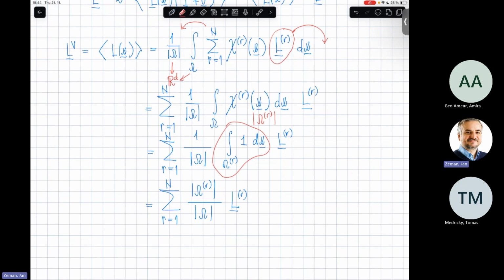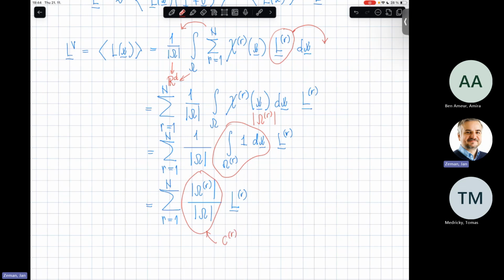But this is nothing else than the quantity we have seen in that motivational example. There I a bit inconsistently denoted it as phi, which was the volume fraction, but now I should really change that to be consistent in notation.